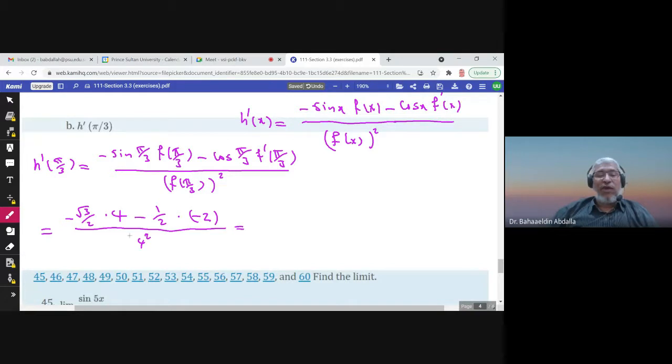And you simplify. So this would be negative 2 square root of 3, and this would be plus 1, and this is 16. So that's the answer.